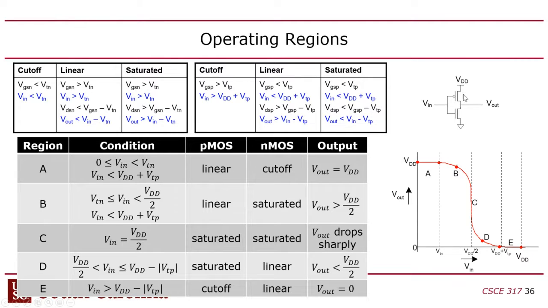So there'll be a time when the PMOS is saturated and the nMOS is in linear mode, until eventually, once the voltage in gets high enough, the PMOS will get cut off, and the nMOS will be in linear mode. It'll be nice and happy in linear mode because its V out and its other terminal are both basically equal. Source-drain voltage is 0, and the VN is above the threshold. So that's linear mode. So that's how these things work.